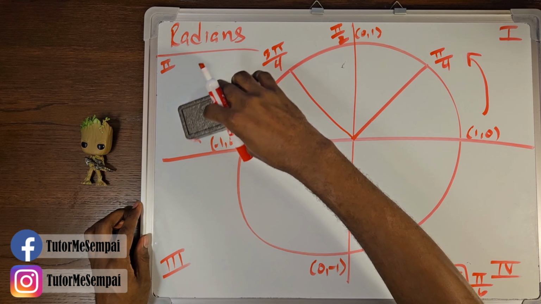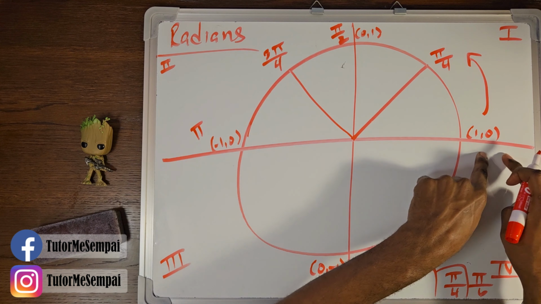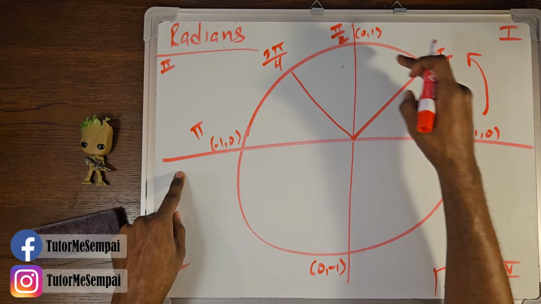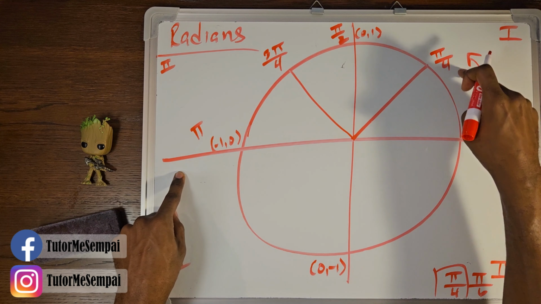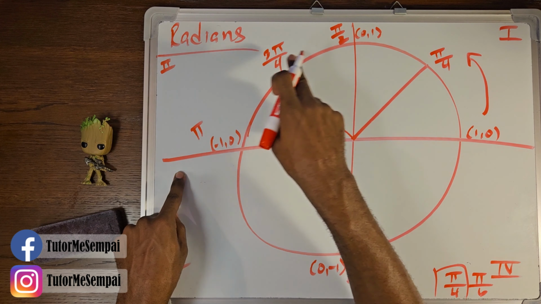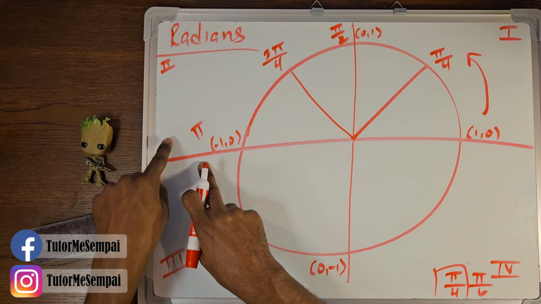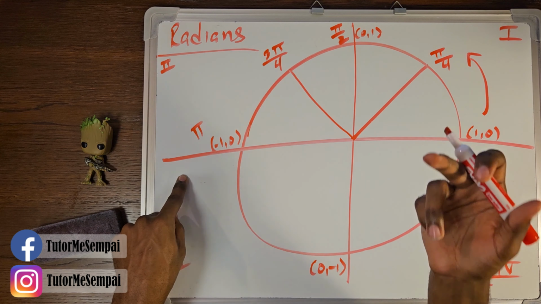Pi. It's simply going to be pi. So you see, coming from here all the way to here, you've traveled pi. Pi over 4, 2 pi over 4, which is just pi over 2, 3 pi over 4, pi, or 4 pi over 4. And we're going to keep this going.